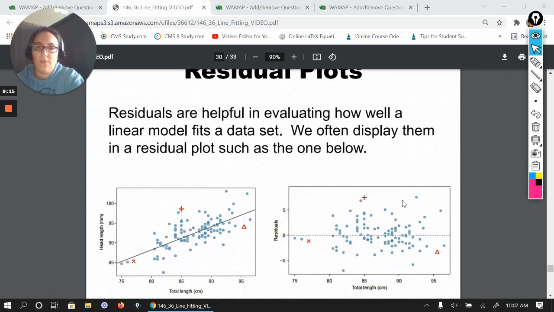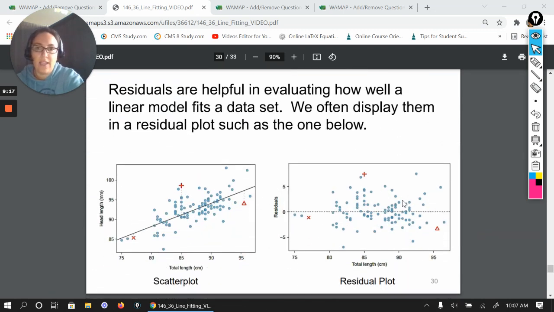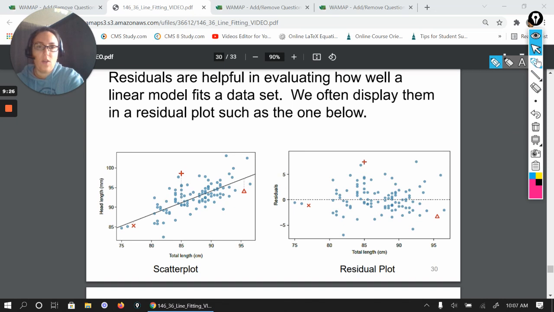Residuals are helpful in evaluating how well a linear model fits a data set. We often display them in a residual plot, such as the one below. So in the scatter plot, every data point has an x-coordinate and a y-coordinate, which is the total length in centimeters, comma, the head length in millimeters.